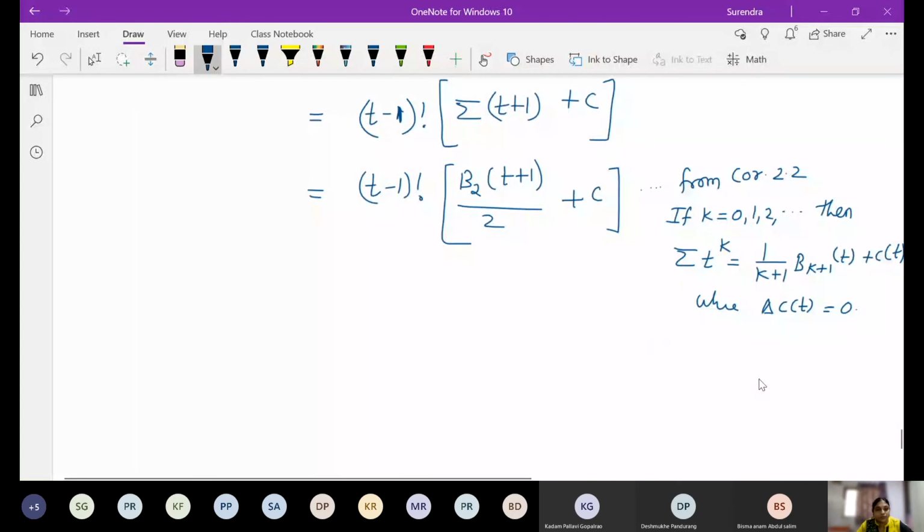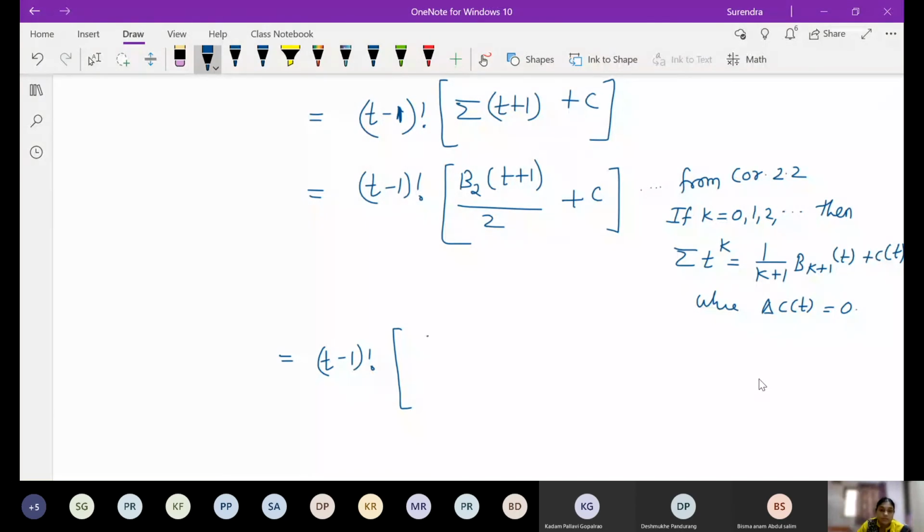Now what is b2? T minus 1 factorial as it is, b2 at t plus 1. What is b2 at t? It is t square minus t plus 1 by 6, no?